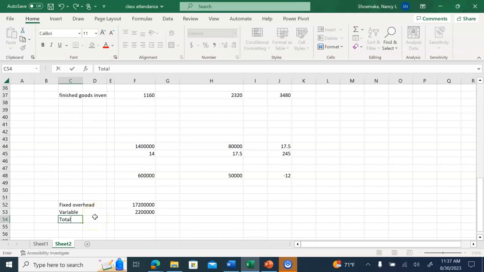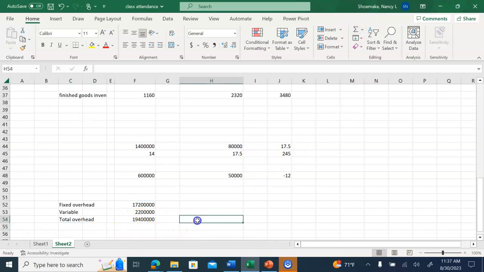Our total overhead would be 19,400,000, and that based on the amount per day divided by 20,000 patients. Would that be 970 a day?